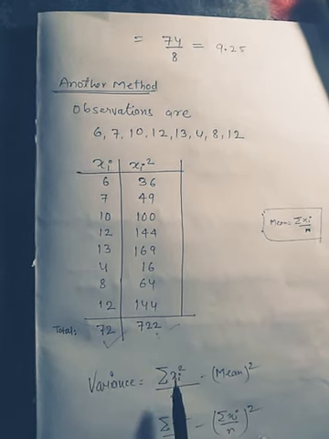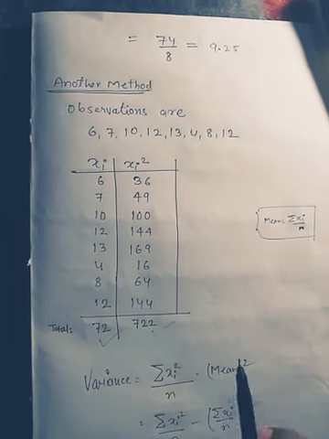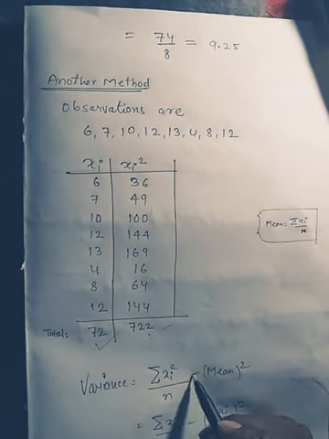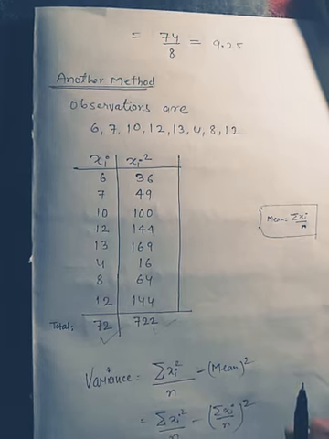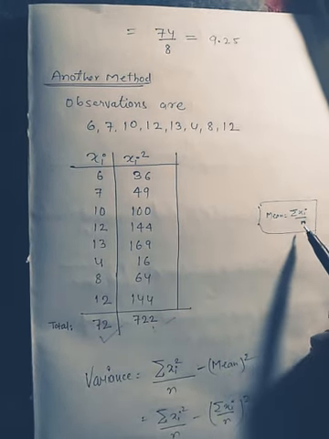The variance is summation of xi square by n minus mean whole square. Mean, the formula is summation of xi by n.